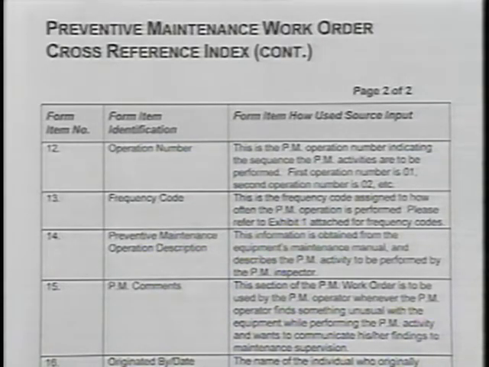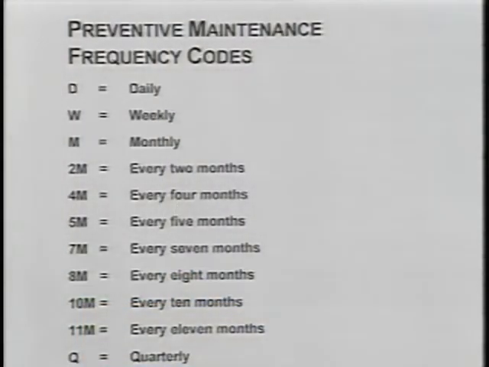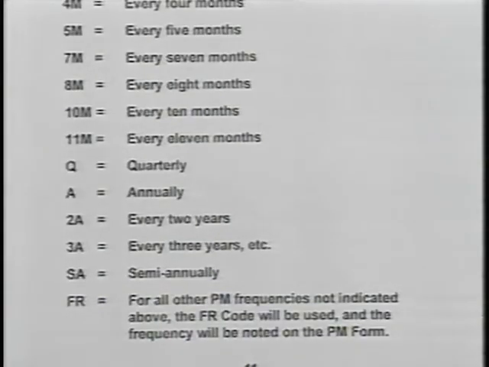Now, moving on to page number 11, we show the frequency codes, and these are fixed calendar frequency codes. And you'll notice that we have the code on the left-hand column, and on the right-hand column we actually identify what that code means. If you would look at the bottom of the code outline, there is a code called FR.